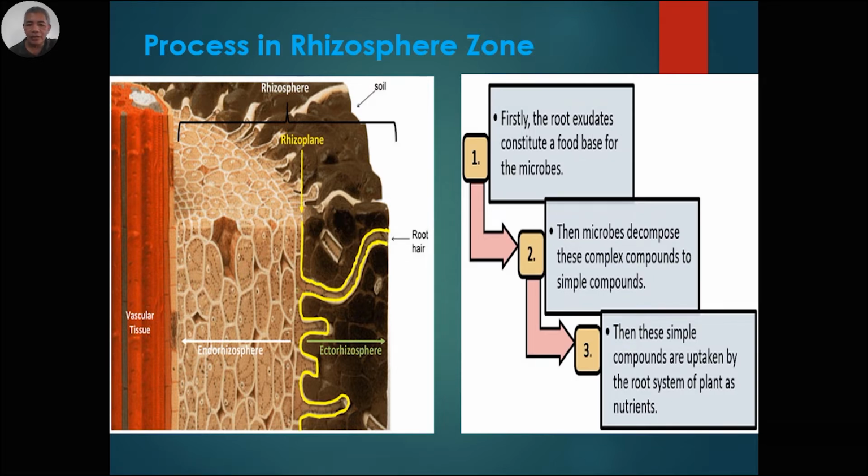The second, the microbes decompose these complex compounds to simple compounds. And the next, these simple compounds are taken up by the root system of the plant as nutrients.